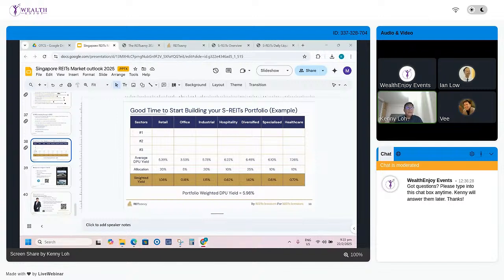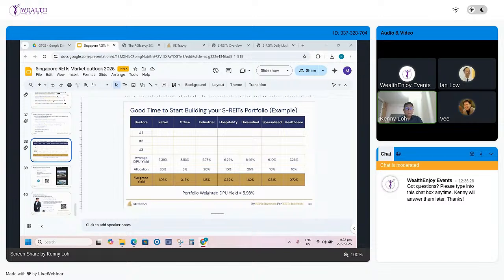Tenants renew and tenants come and go, right? It depends on whether you want to report it or not. It's part of the puzzle of the landlord business. You have lease renewals, you have tenants going bankrupt. It very much depends on whether you want to report those news or not, right?